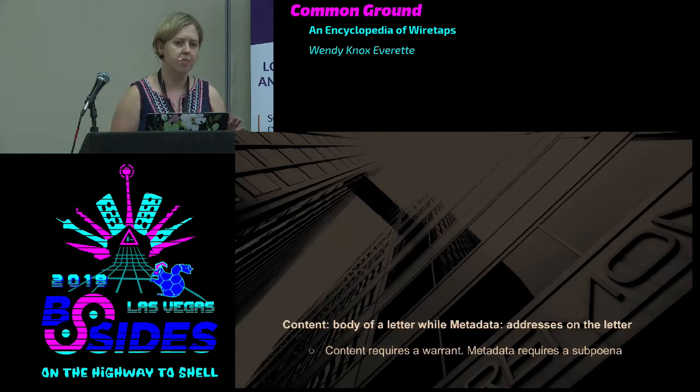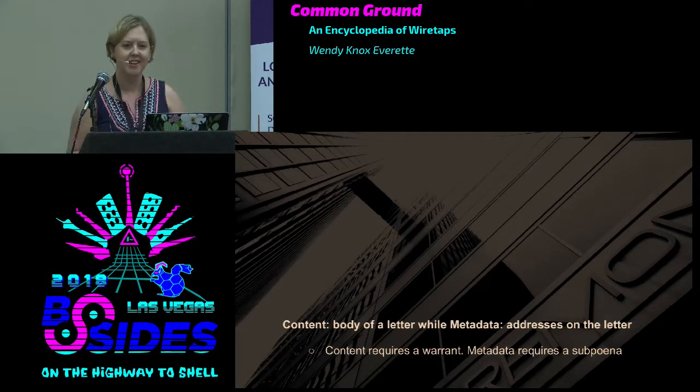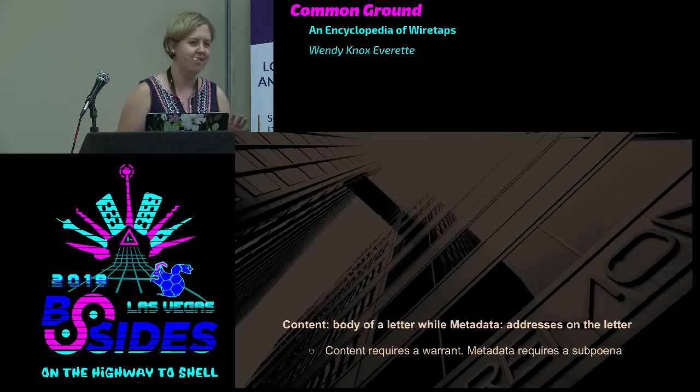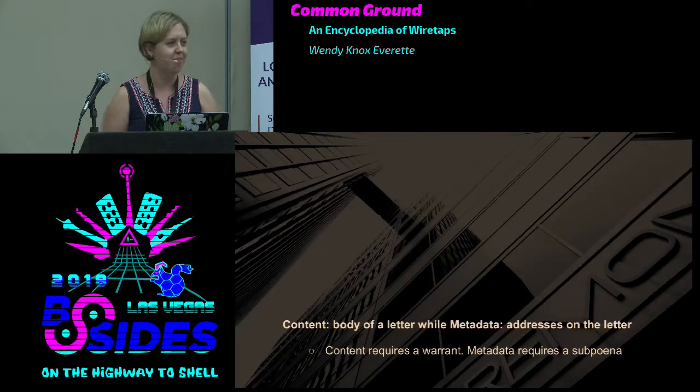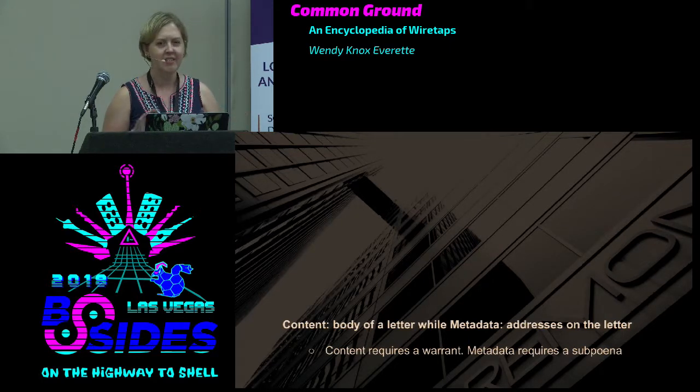We have a lower bar for the privacy of that information. This is in the days before ad targeting and all of our awesome machine learning where we can derive patterns from metadata much more easily than you could in the 1780s. And so they thought it was fine to have lower protections for just this addressing information.